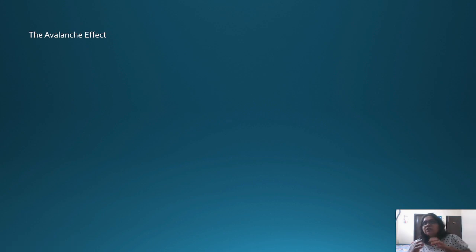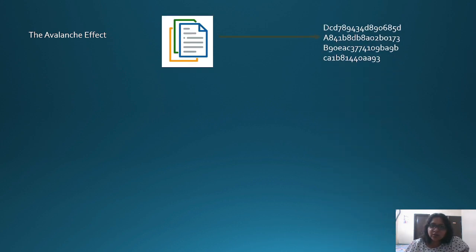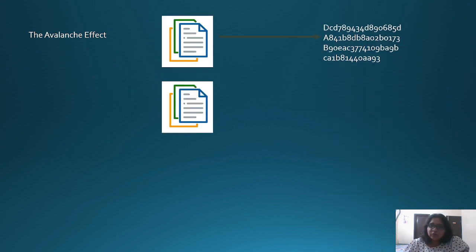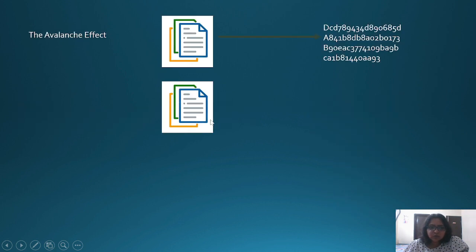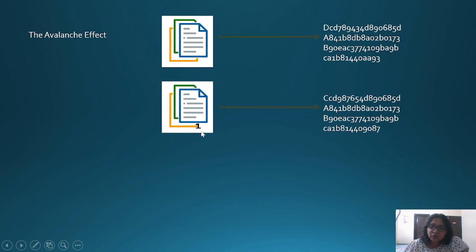Avalanche effect is a very important concept to learn, and it is very easy to understand. Just think: you have a document, and in a similar way as we have learned before, there is a hash value. If somebody is trying to forge this document, for example by typing just a 1 into the document, there is no other change, just a very minor thing has been added.